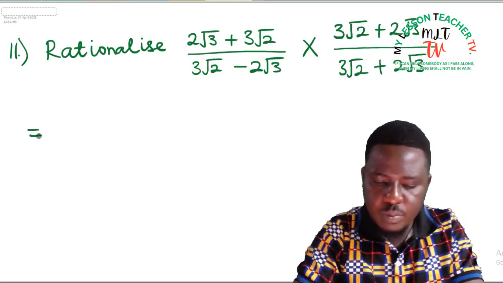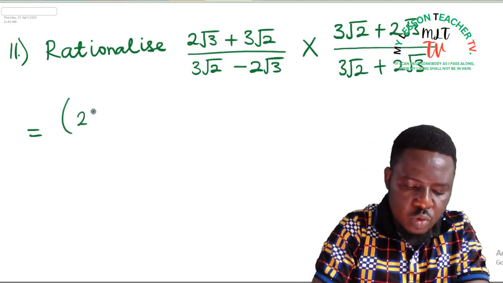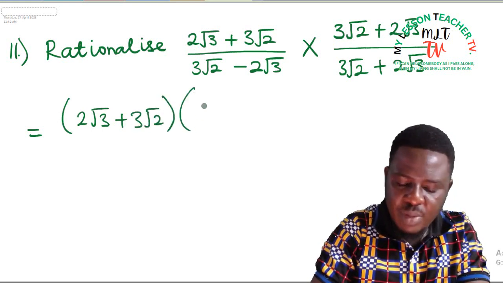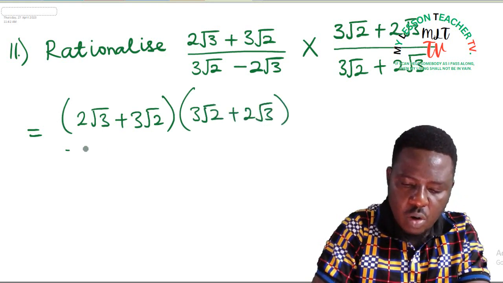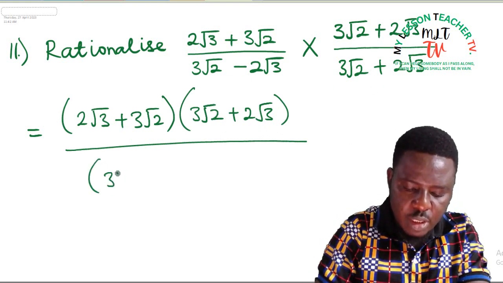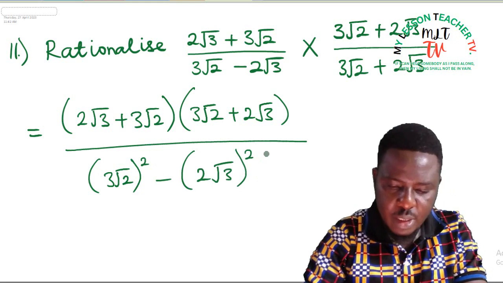This is equal to bracket 2 root 3 plus 3 root 2 to be multiplied by 3 root 2 plus 2 root 3, divided by the difference of two squares, which gives us 3 root 2 squared minus 2 root 3 squared.